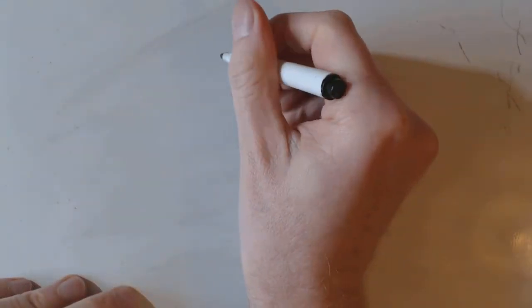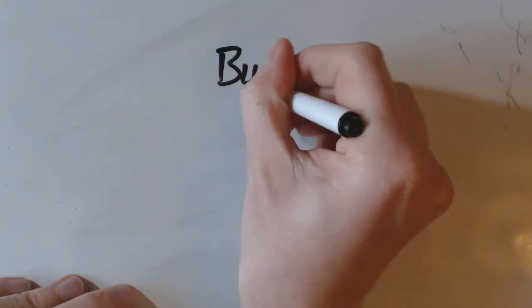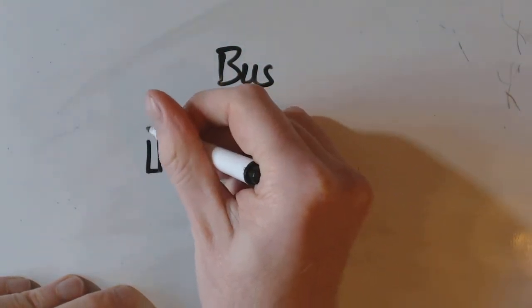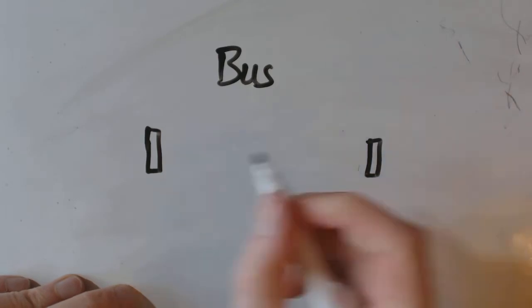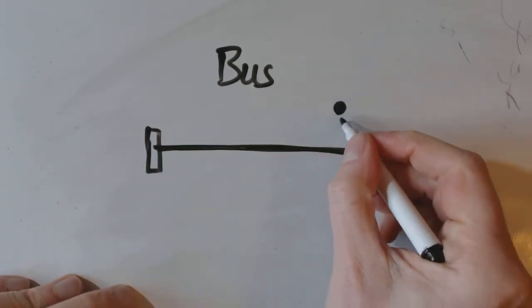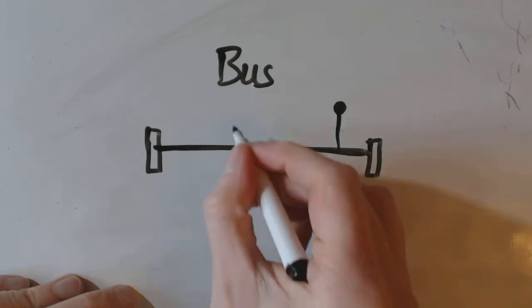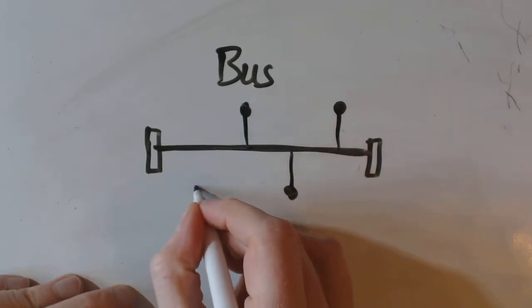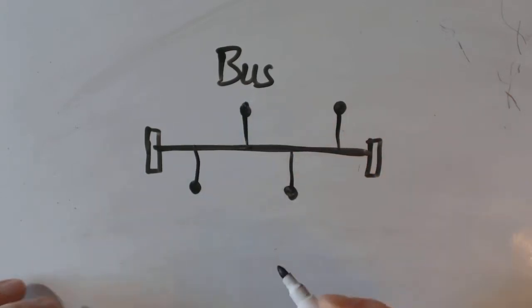Then the very last network is called the bus network. This is when we have terminators at each end and a main channel, and this main channel has all the nodes connected to it.